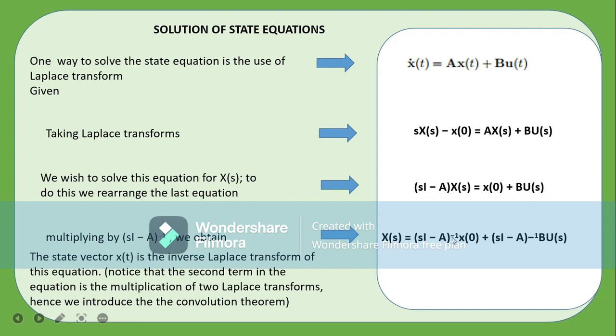Instead of putting the division, we can just say multiply s of naught by this raised to power minus 1, and bu of x we multiply by this component raised to power minus 1. Okay, so we have developed an expression for s of x.